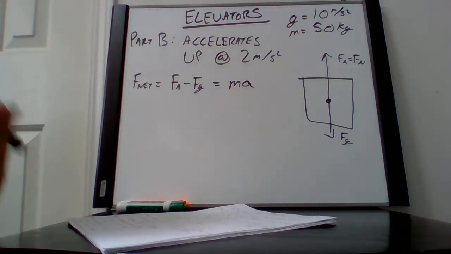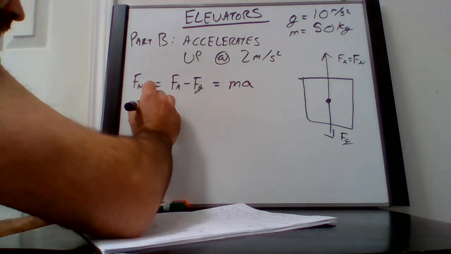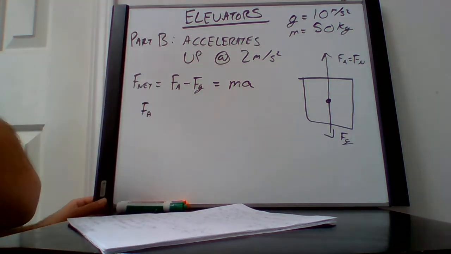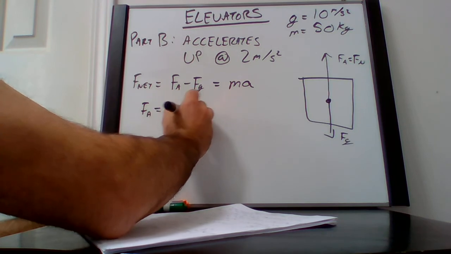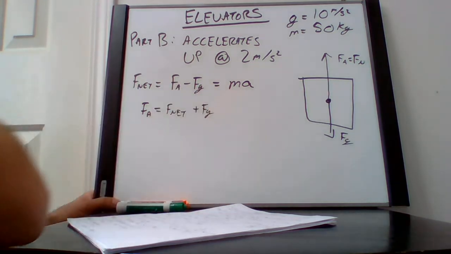And the normal force is what we experience as our weight. So in that first problem, we just said Fg equals our weight, because that is what we would see on the scale. Now for this situation, though, we want to find out what this F applied looks like. And our F applied is going to equal that F net plus Fg.